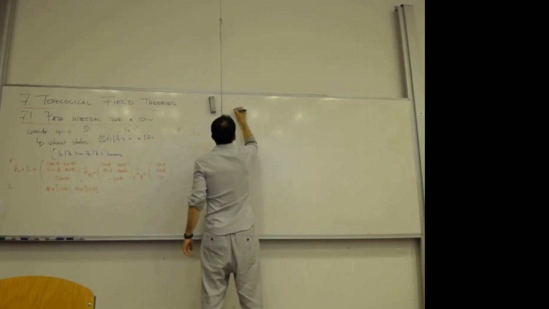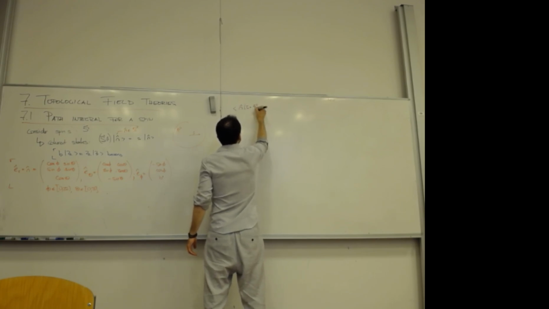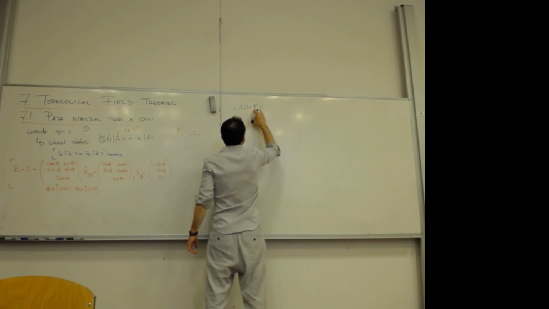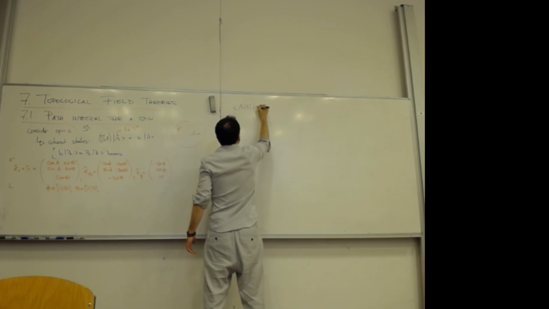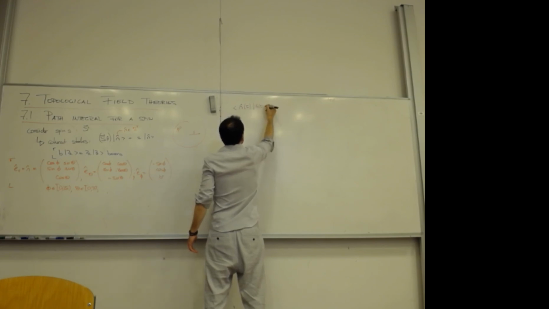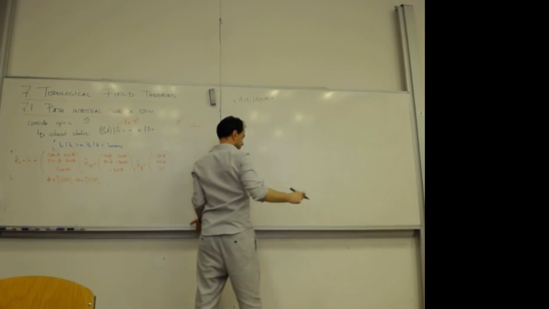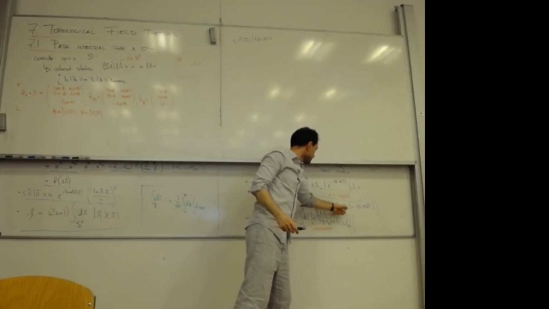We have explicitly n of tau plus delta half. Maybe it's n of tau, n of tau minus delta tau. This is the continuum version of this expression.